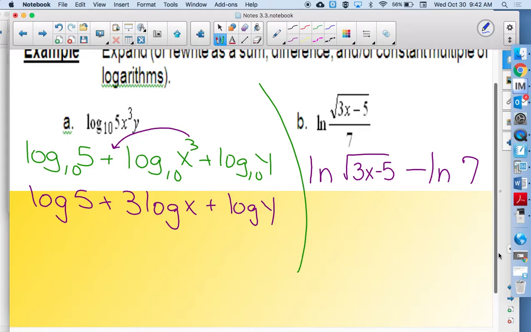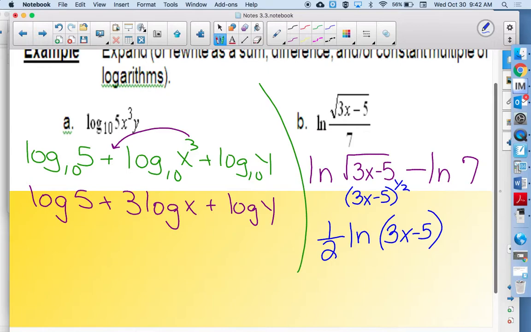Why 1/2? Because you're taking the square root. Yeah, so when you're taking the square root, that really is an exponent of 1/2. So 3x minus 5 was underneath the square root. Really, that means 3x minus 5 is to the 1/2 power. So that goes in front of the natural log, and then we have the natural log. This goes in parentheses.